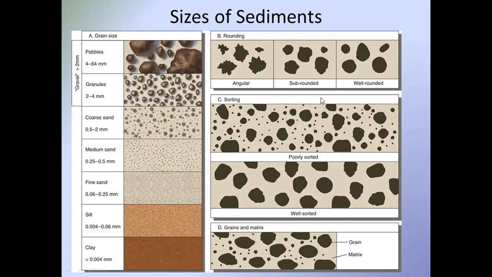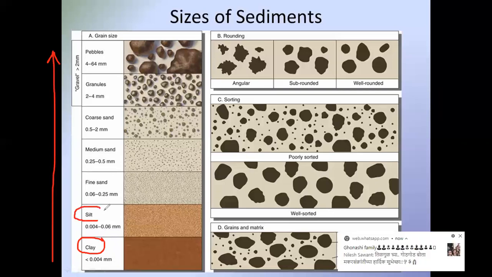Here you can see towards the left hand side the size of the sediments. At the bottom, the clay size sediments are there, followed by the silt size, followed by fine sand size particles. Next, medium sand size particles, coarse sand size particles, then granules, then pebbles.